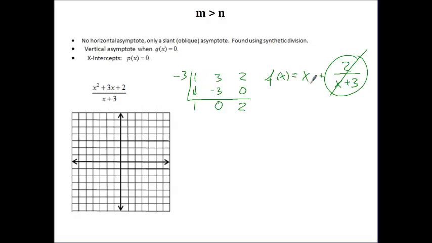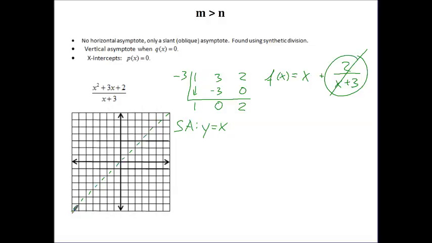So our slant asymptote is just x. Our slant asymptote is, in fact, y is equal to x. And as you remember, that is our diagonal, one of them at least. We start at the origin and we go up one to the right, and this is our slant asymptote.